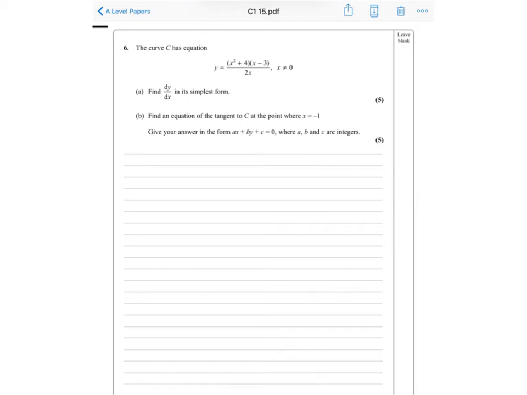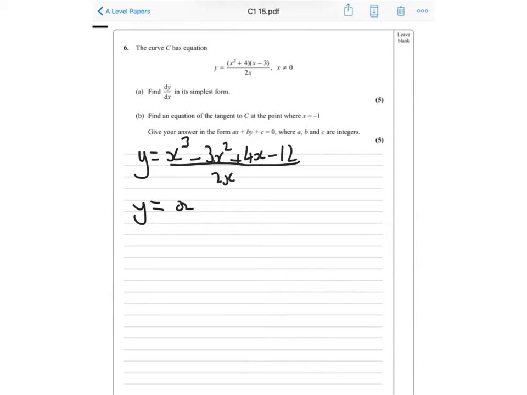Okay, so number 6. I can't do anything with that at the moment, differential wise, until I multiply out the top brackets plus 4x minus 12 all over 2x. I still have some simplifying to do.